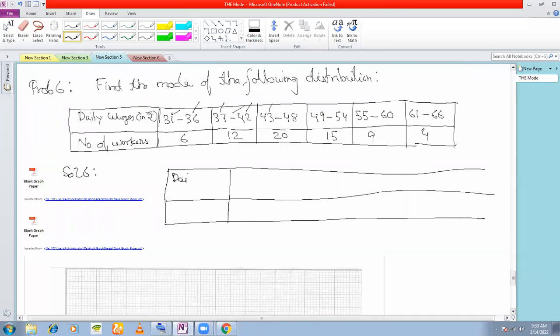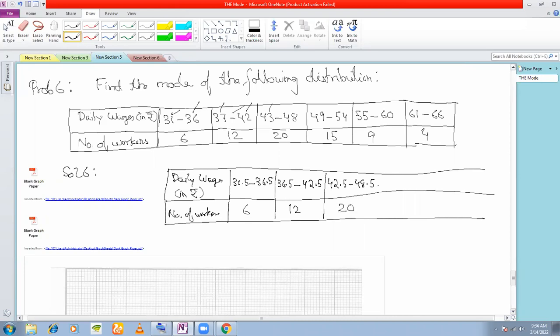So daily wages in rupees, and you have number of workers. So convert this. You have 30.5 to 36.5. And what is the frequency? 6. Next you have 36.5 to 42.5. What is the frequency? 12. Next 42.5 to 48.5.